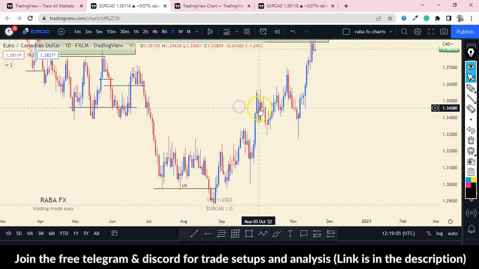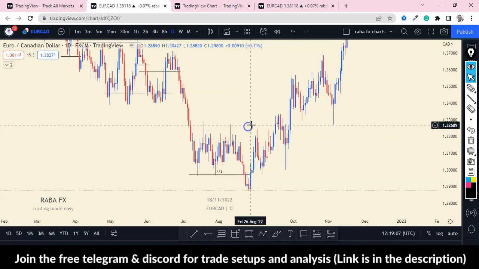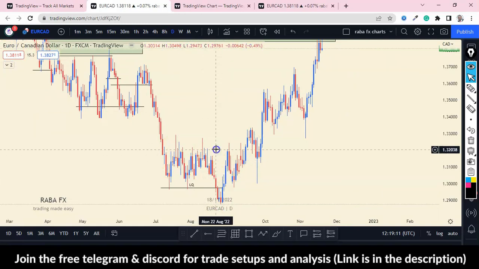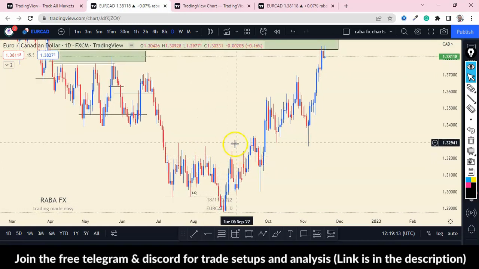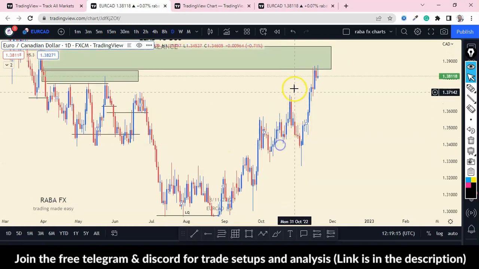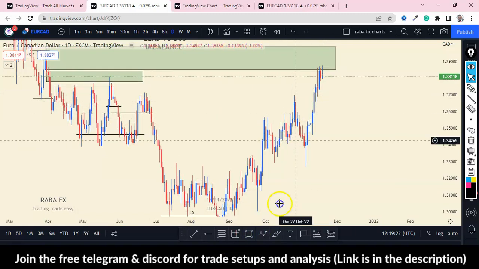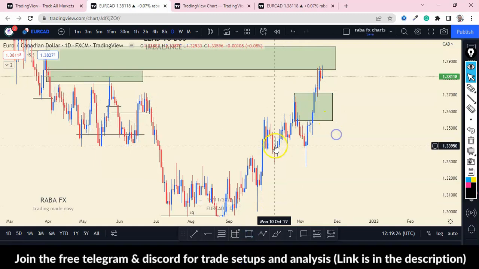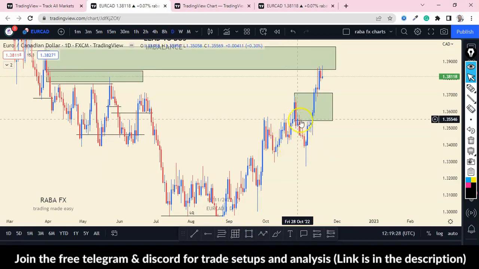Now, most people pick order blocks that do not have any form of imbalances. When you see an order block without imbalance, you don't need to trade that particular order block. For example, here, this is an order block. It took liquidity, broke structure, but there was no imbalance.